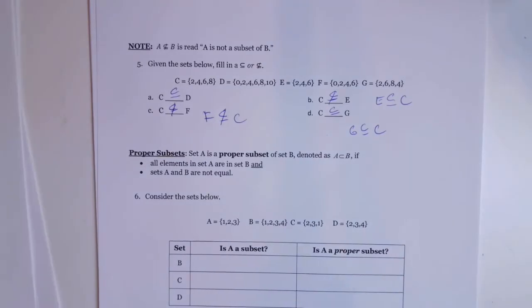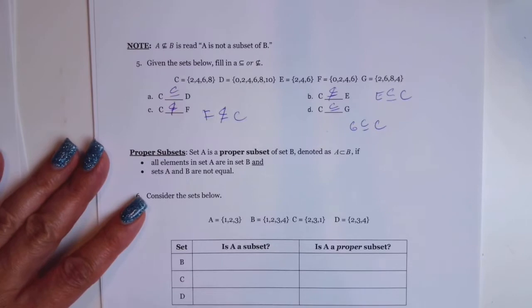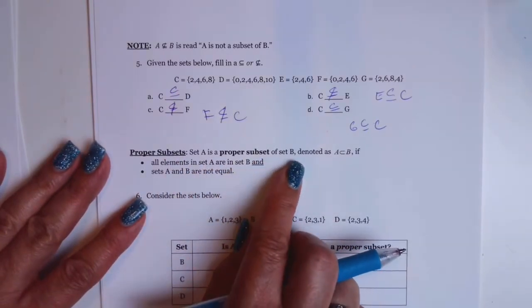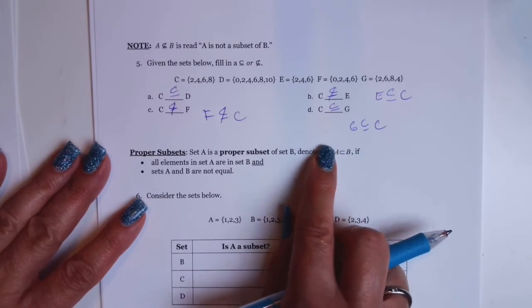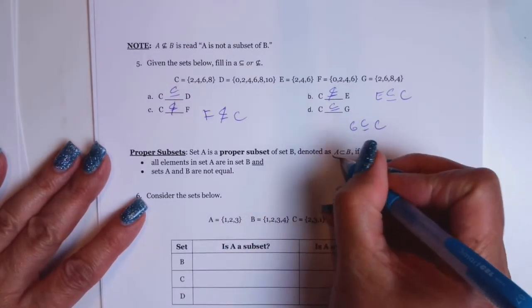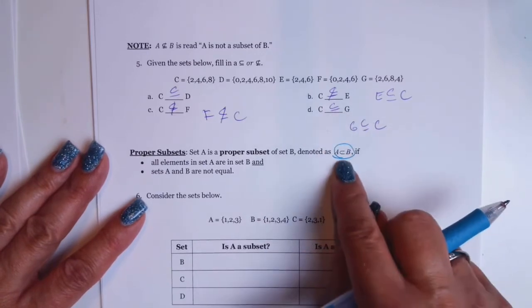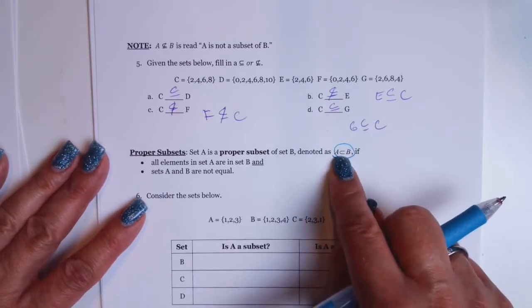Okay, let's move on to proper subsets. So set A is a proper subset of set B, denoted as, so this looks very familiar. The only thing different from subset is that it doesn't have that line underneath.